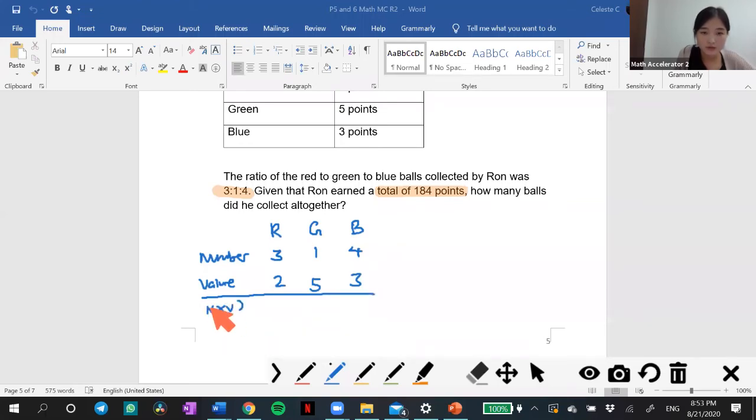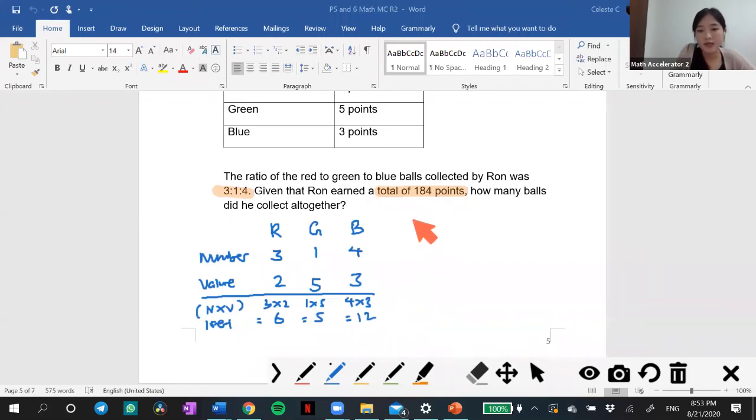Number times value, 1 set. 3 times 2, 1 times 5, 4 times 3. Okay, 6, 5, 12. Thank you. Right, for those of you who are answering.